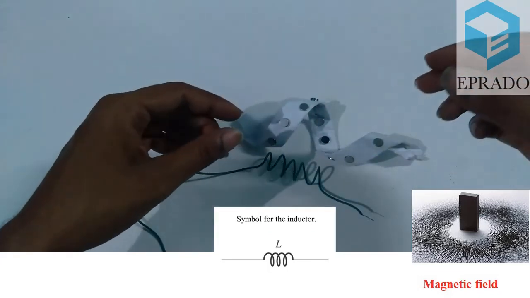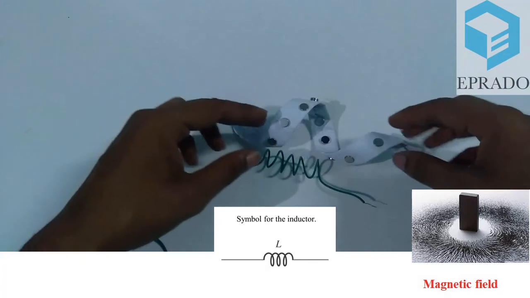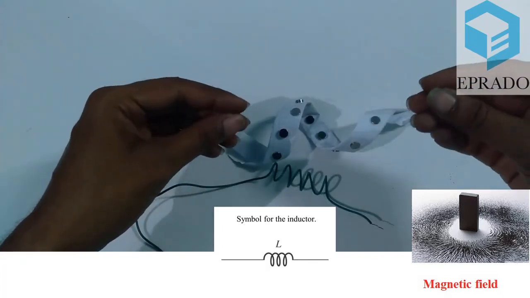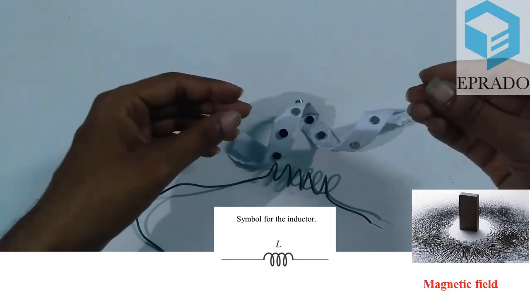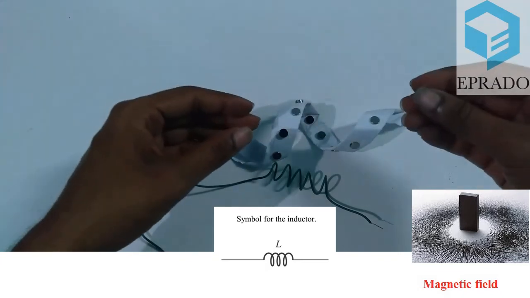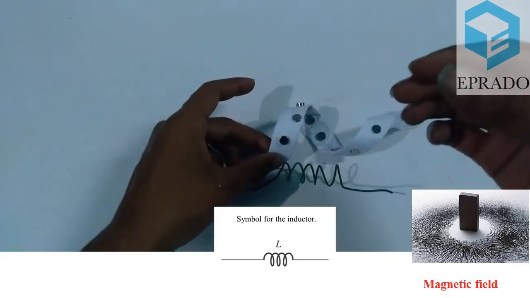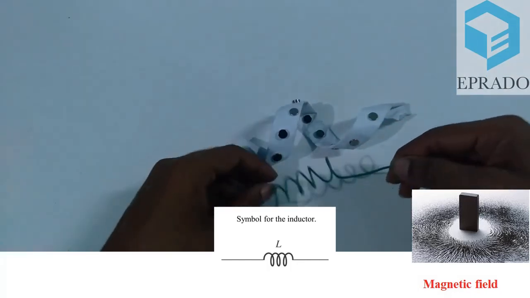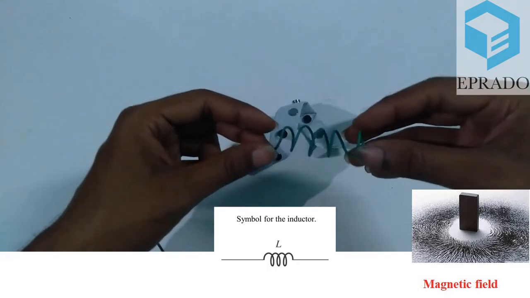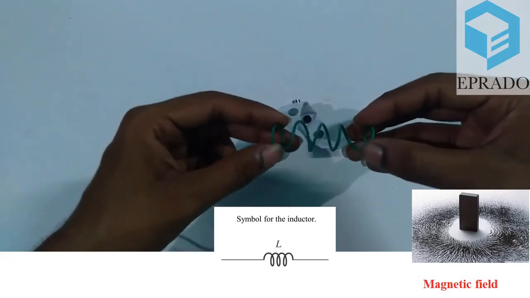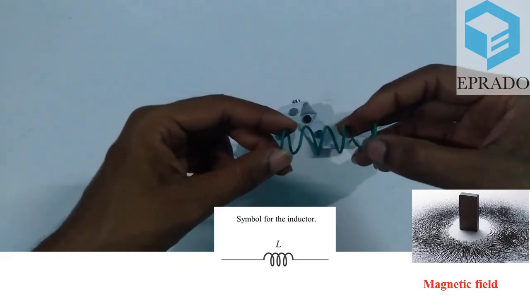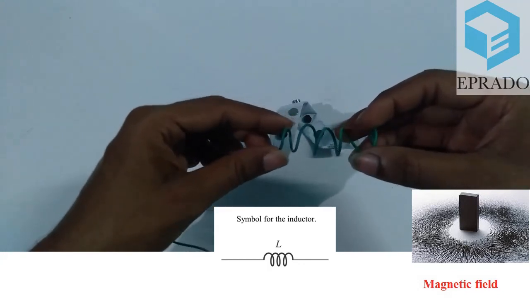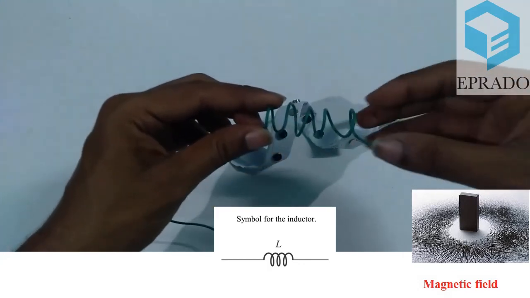So in general, if there is a magnetic field, then current flow will be induced in the windings next to it. So each winding creates a magnetic field, and this magnetic field creates a current in the winding next to it, and thus it makes a current storage unit.